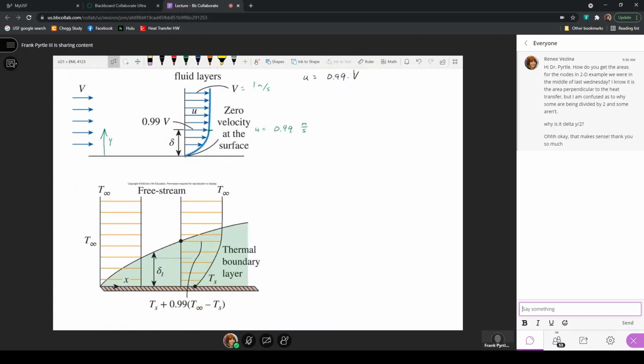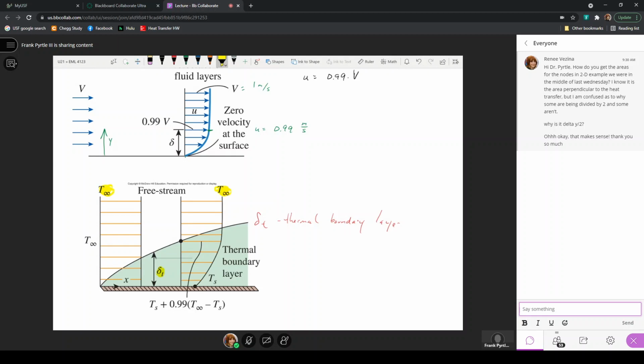Now we also have what's called the thermal boundary layer. This is delta sub T, but often we just write it at the end. Along this line is what we call the thermal boundary layer, and in here is where all the temperature variation occurs. Outside the boundary layer, the temperature is the free stream temperature, T infinity.